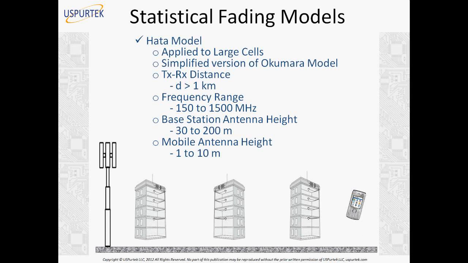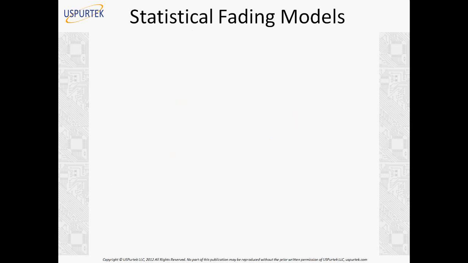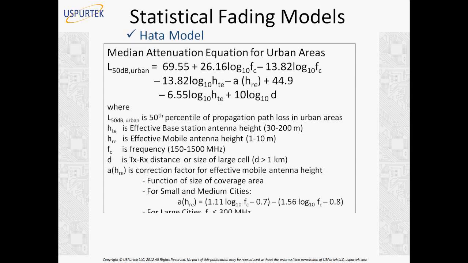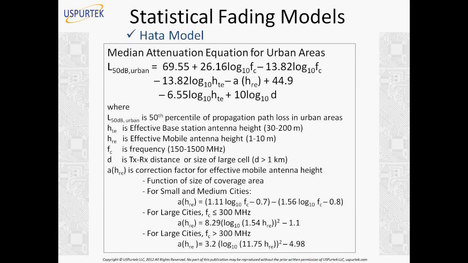So here again, the restrictions are there. Transmit receive distance is more than 1 kilometer, frequency range up to 1500 megahertz only, base station antenna height up to 200 meters, and mobile height is up to 10 meters. Now this is the equation that comes out of the Hata model.